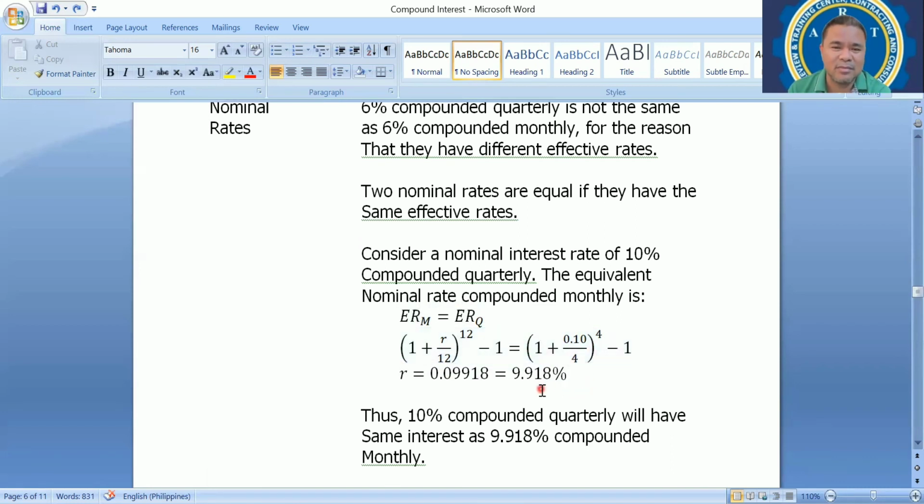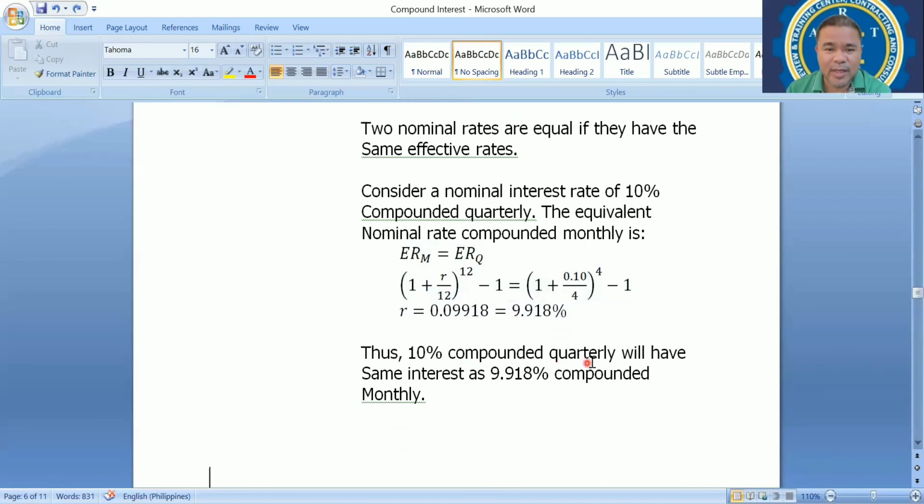Please focus on this one: how to get ERM equals ERQ, or ERM quarterly equals ER annually, they always have in common. Okay. 10% compounded quarterly will have the same interest as 9.18% compounded monthly.